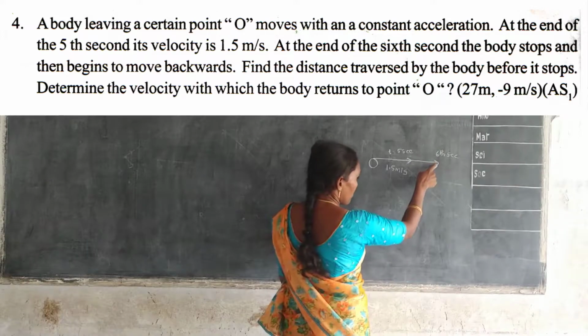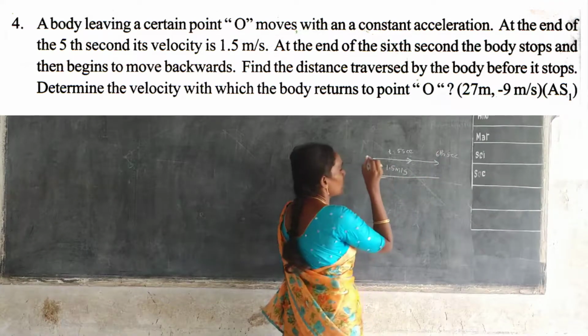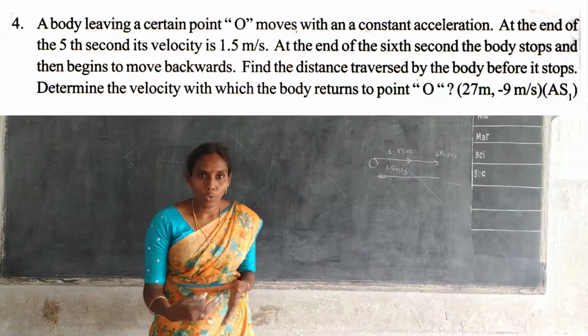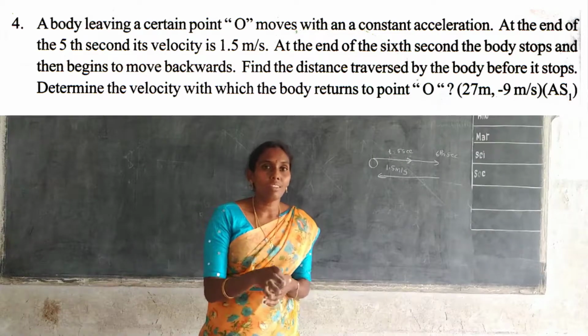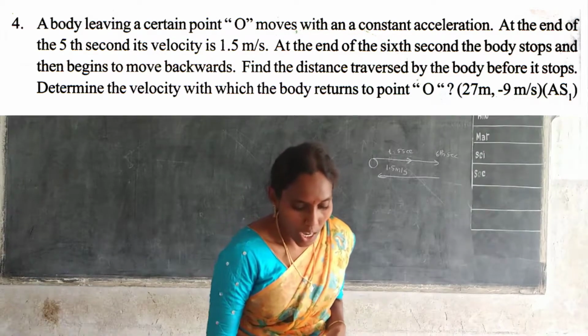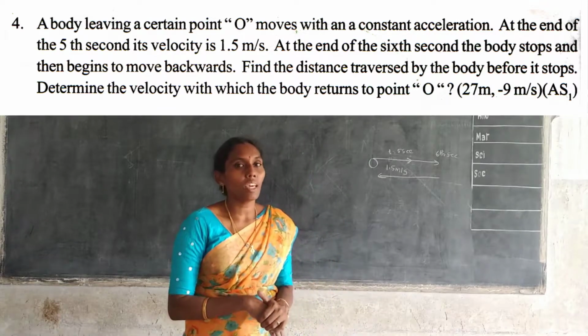At the end of the 6th second, the body stops and then begins to move backwards, and comes back to the original position. Find out the distance traversed by the body and determine the velocity when the body returns to the same point.